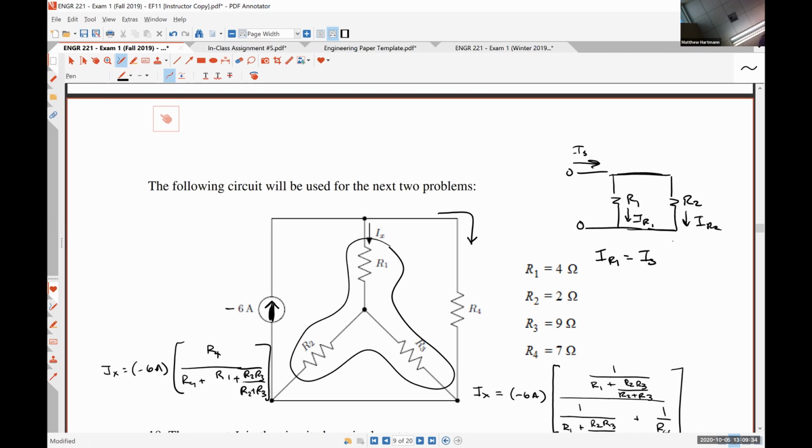It is going to be IS times 1 over R1 over 1 over R1 plus 1 over R2, right? Well, if I multiply this guy by R2 over R2 and this guy by R1 over R1, what I wind up having is IS times 1 over R1, and then R2 over R1 R2 plus R1 over R1 R2, like so.